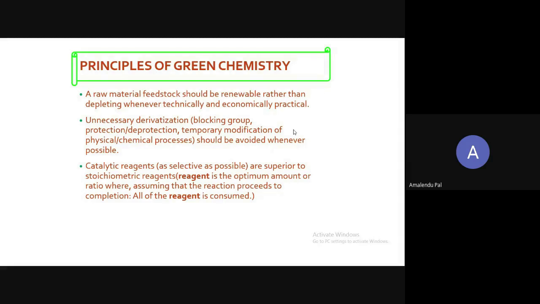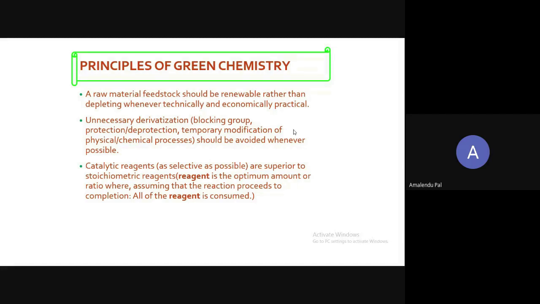Unnecessary derivation that we do in lab, blocking groups, protection, deprotection, temporary modification of physical and chemical processes, should be avoided whenever possible.